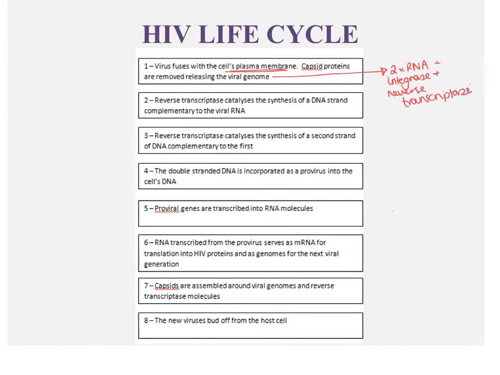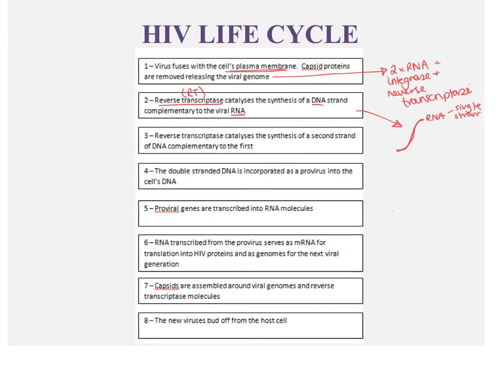Okay. Once we're inside our host cell, the reverse transcriptase, which I'm going to abbreviate to RT from now on, makes DNA from the RNA. So if you look just to the right of this box, I've got some viral RNA, and remember RNA is single-stranded.